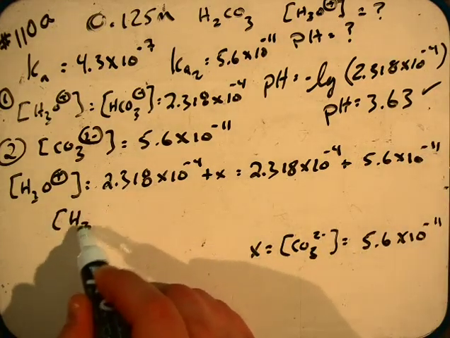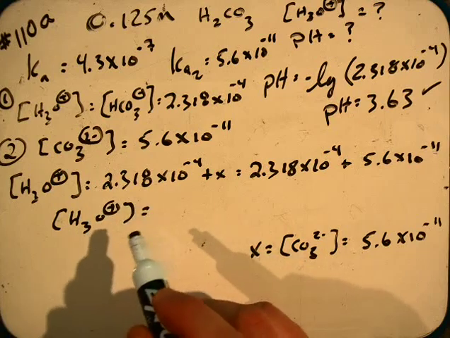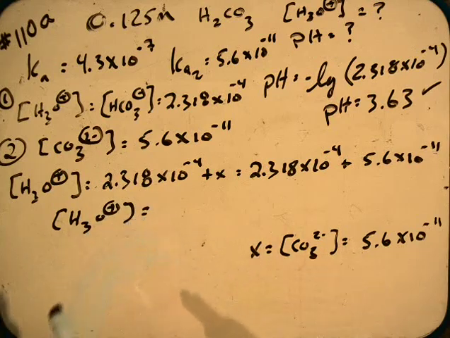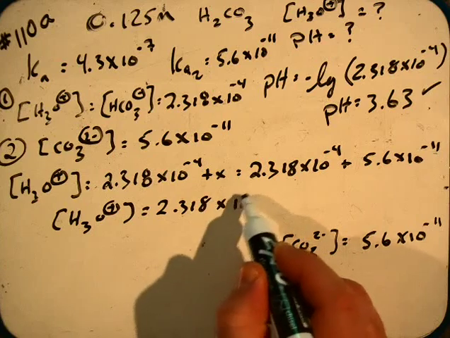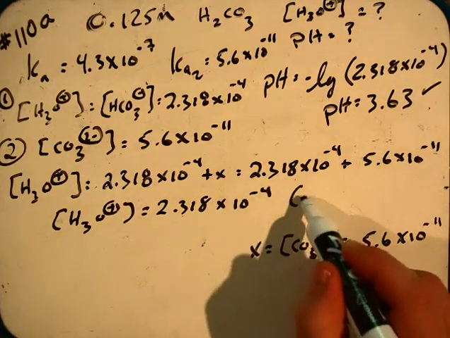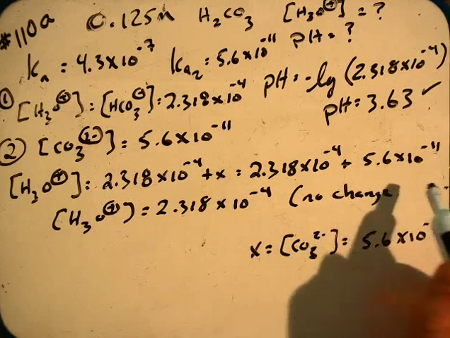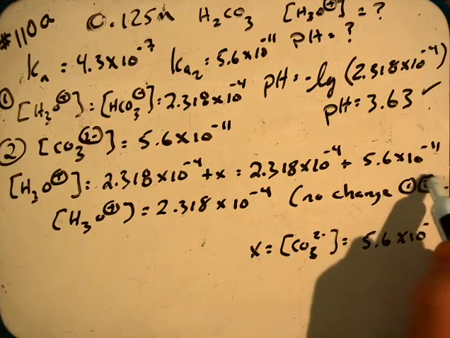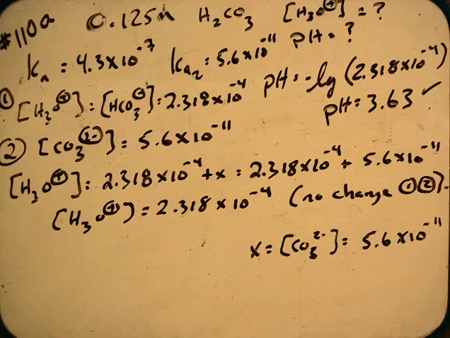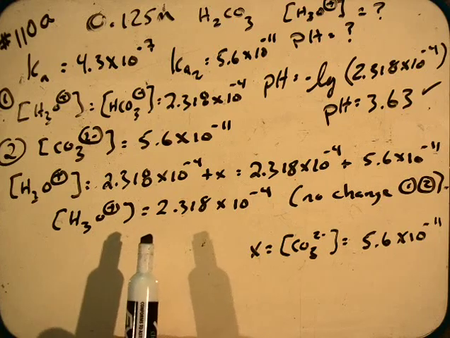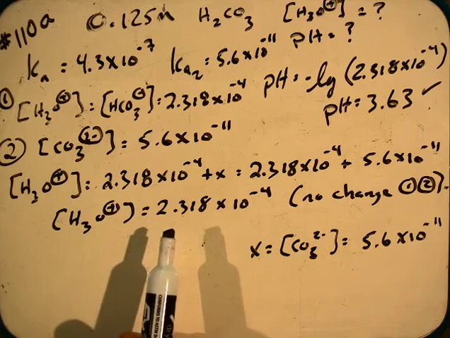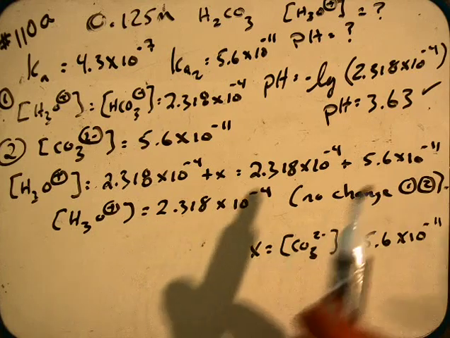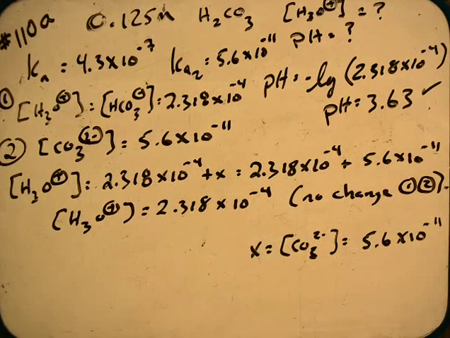That means our H3O+ concentration would then equal 2.318 times 10 to the negative 4th. Notice that there's no change in looking at the first and the second reaction combined with the H3O+. So that's why we could say that the H3O+ concentration is really a sole result of the first step, as well as the pH being a sole result from the first step.